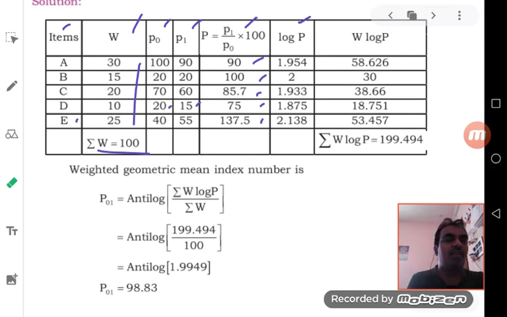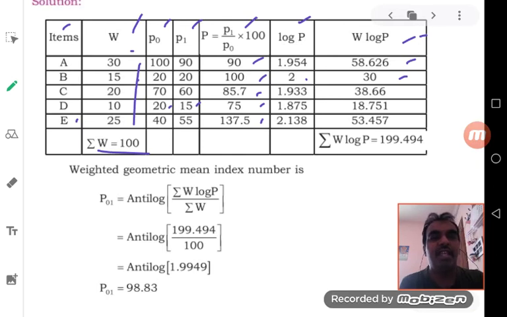After taking all the log values, the next column is W log P. W log P is nothing but weights multiplied with log P. So first one, 30 into 1.954, if you multiply, you should be getting 58.626. Then second commodity B, 15 into 2, that is 30.